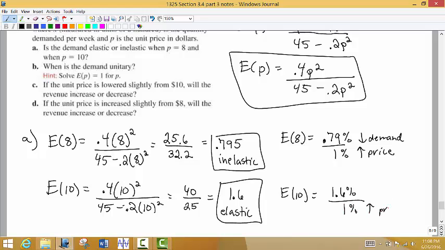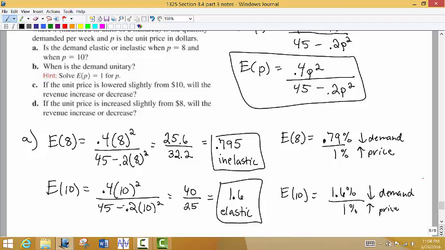So if I raise my price by 1%, the demand decreases by substantially more. It decreases by 1.6%. So I have a lot of customers that are going to stop buying. So that is not what I want to do. So I don't want to raise my price by 1% because my demand is going to take a pretty big hit. I don't want that. Okay.